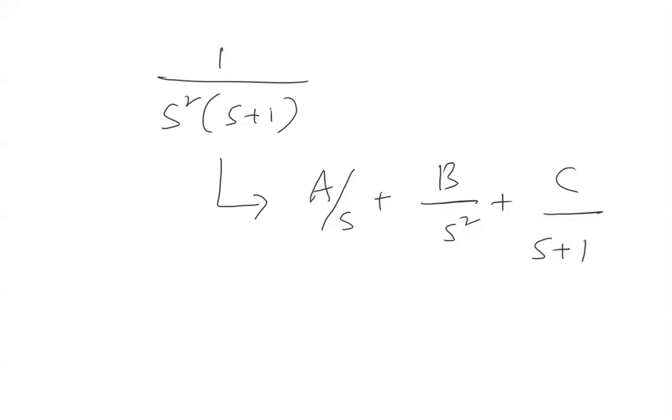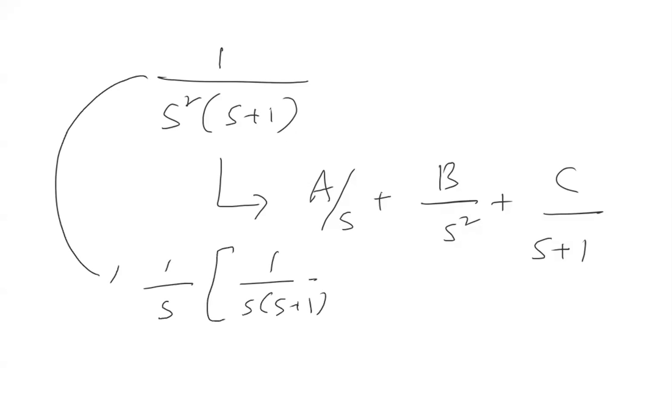When you have s square, this is how you should write. Otherwise, you can write it as 1 by s into 1 by s into s plus 1. What is 1 by s into s plus 1?